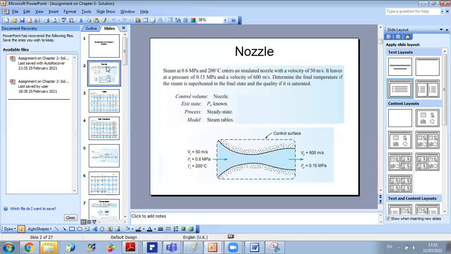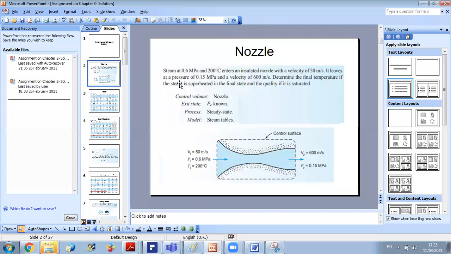So before starting with cycles, as I said, we will go a little bit over several components that we might find in cycles and see what their functions are. To start with, we will do a problem on a nozzle. We have steam at 0.6 megapascal and 200 degrees entering an insulated nozzle with a velocity of 50 meters per second.